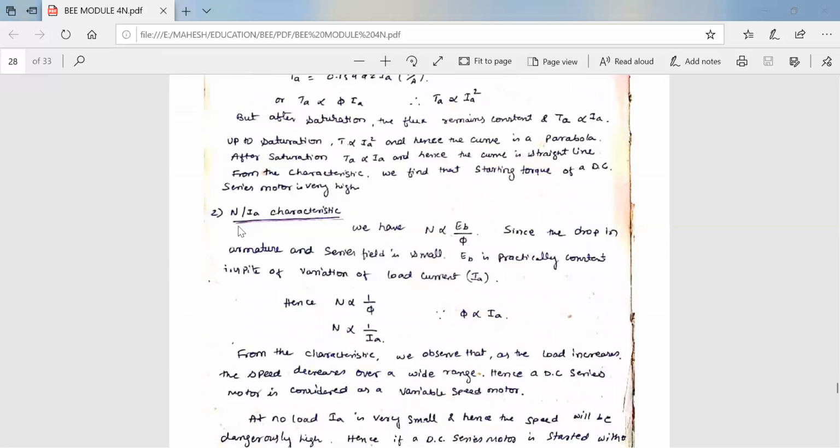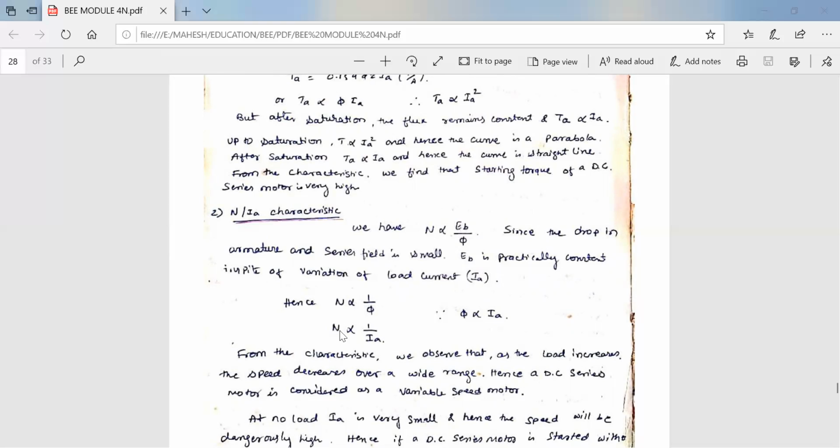Next is the variation of speed with respect to armature current. We have the equation N is proportional to Eb by phi from the back EMF equation. In a series motor the armature drop and the series field drop are very small, so Eb will remain practically constant, as in a shunt motor. Therefore the speed is inversely proportional to the flux, and the flux is proportional to Ia.